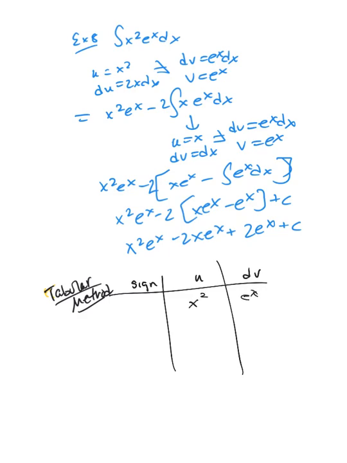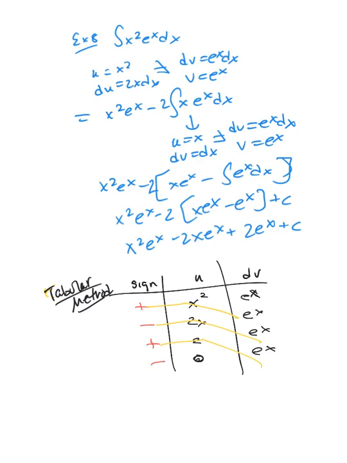In this middle column, you just get the derivative, 2x to 0. You stop at 0. In the right column, just get the integral. Now you're going to take turns with the signs, plus, minus, plus, minus. You're going to go diagonal. So you're going to go like this, like this, like this.